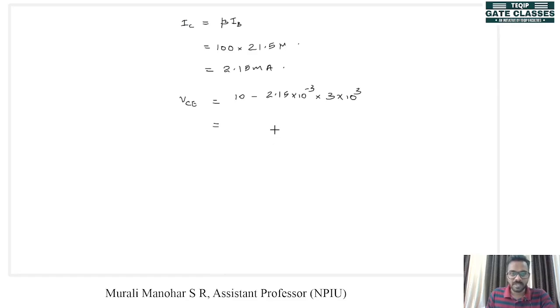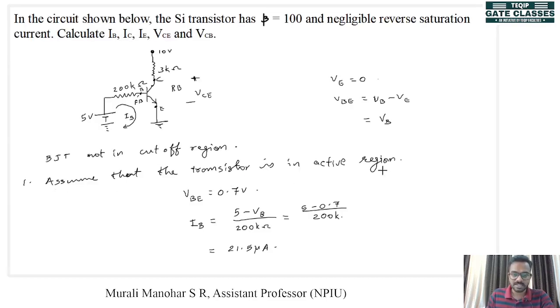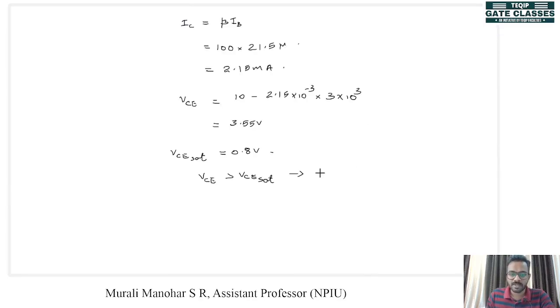Now the value of VCE will be 3.55 volts, and we know that VCE sat for a silicon transistor is 0.8 volt. So when we compare this, we get that VCE is greater than VCE sat. That means our assumption was right, that is, the transistor is actually in active region. So our equations all hold.